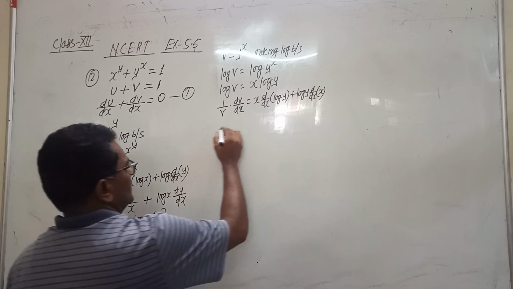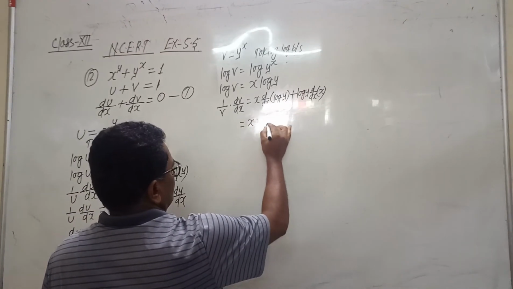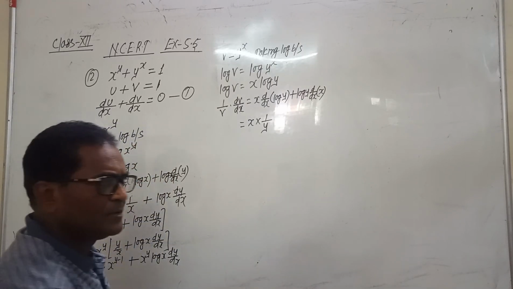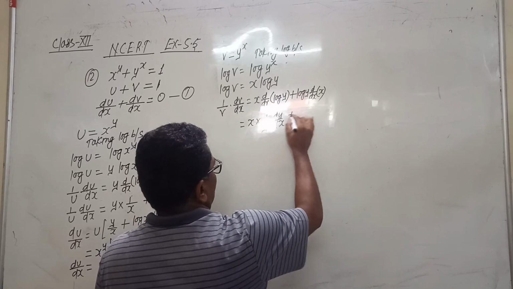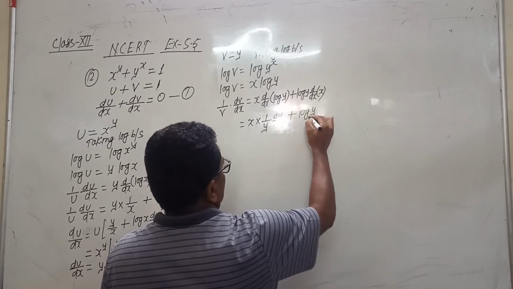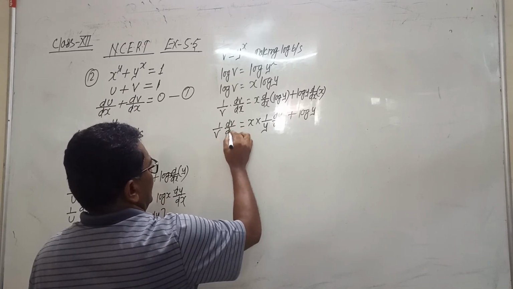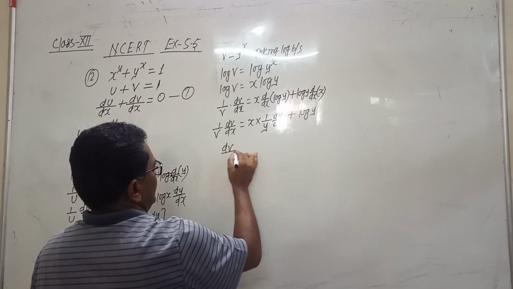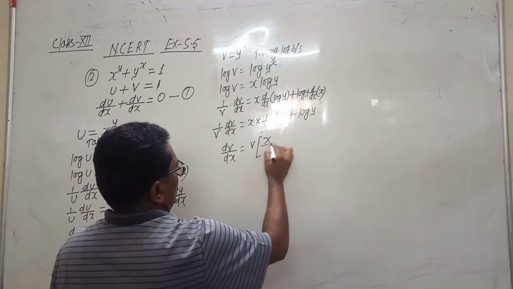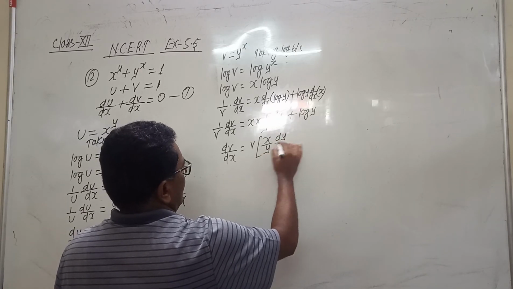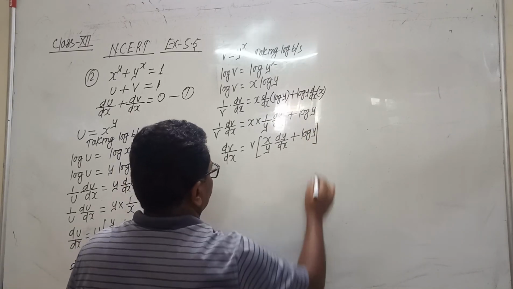So we get x into differentiation of log y, which is 1 by y, drop log, differentiation of y is dy by dx, plus log y and differentiation of x is 1. And this is 1 by v and dv by dx. So dv by dx equals v into x by y dy by dx plus log y.